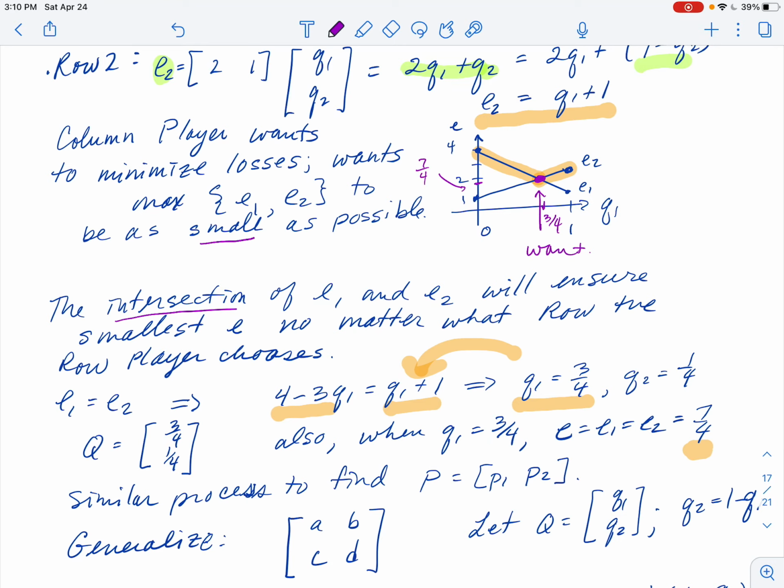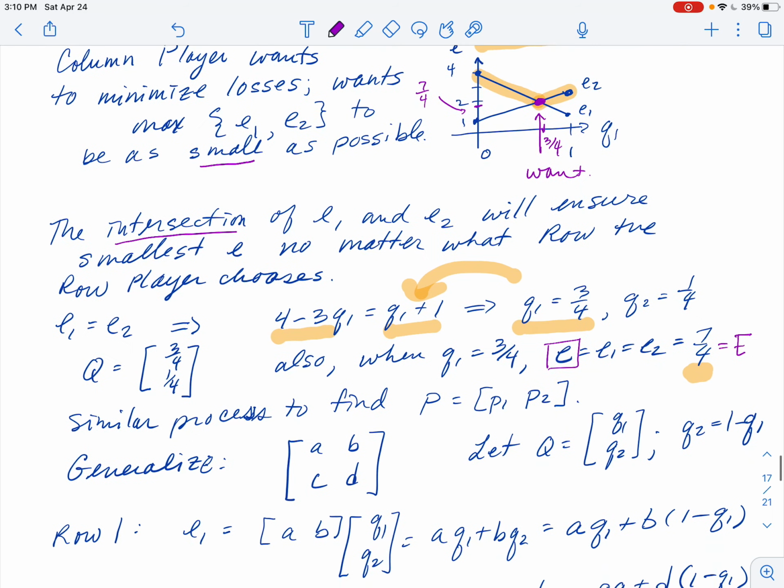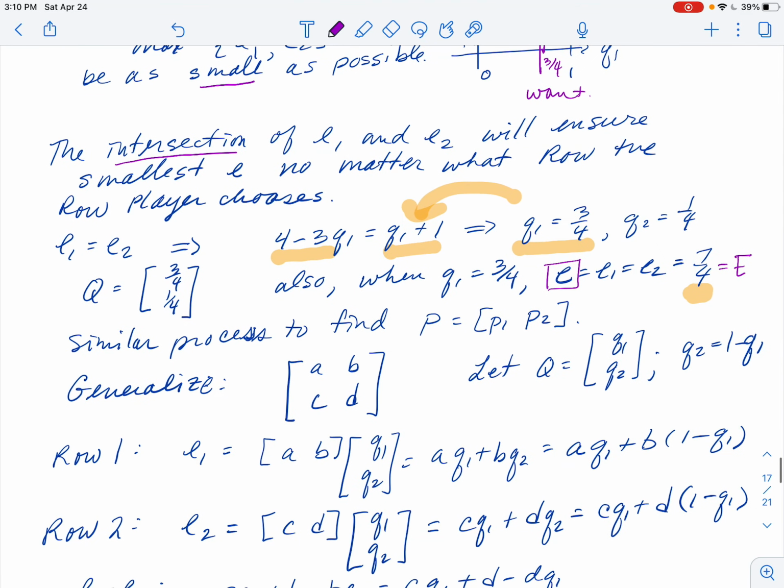Now, that will be the E value, the expected value. We've been calling it capital E. Now, we could do a similar process to find the P1 and the P2. Again, we would choose column 1, find that formula, choose column 2, find that formula, set them equal, find the intersection point.